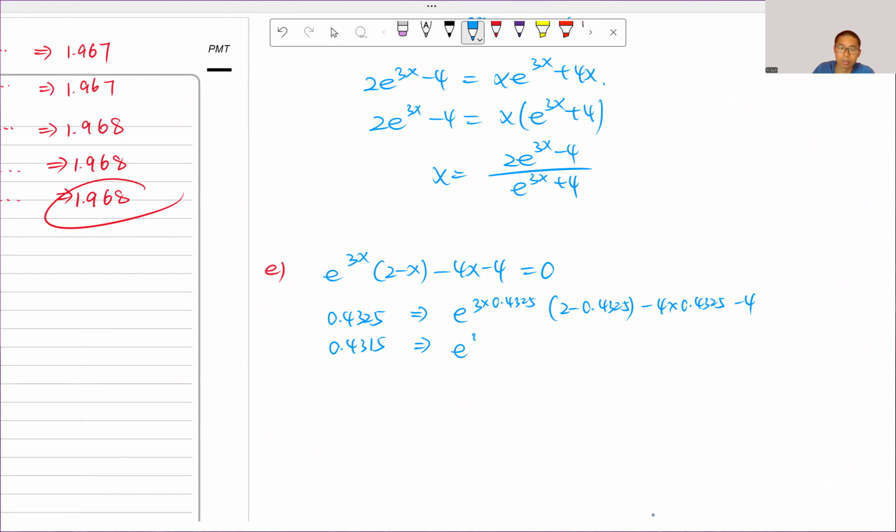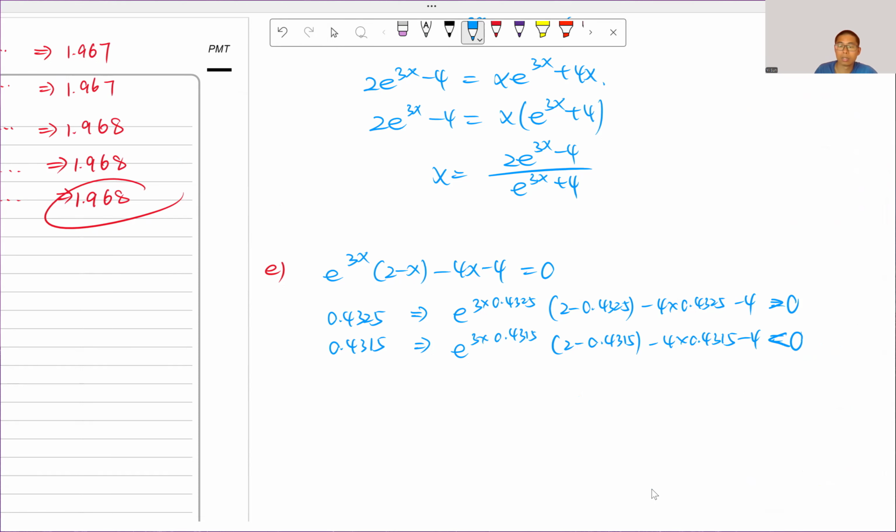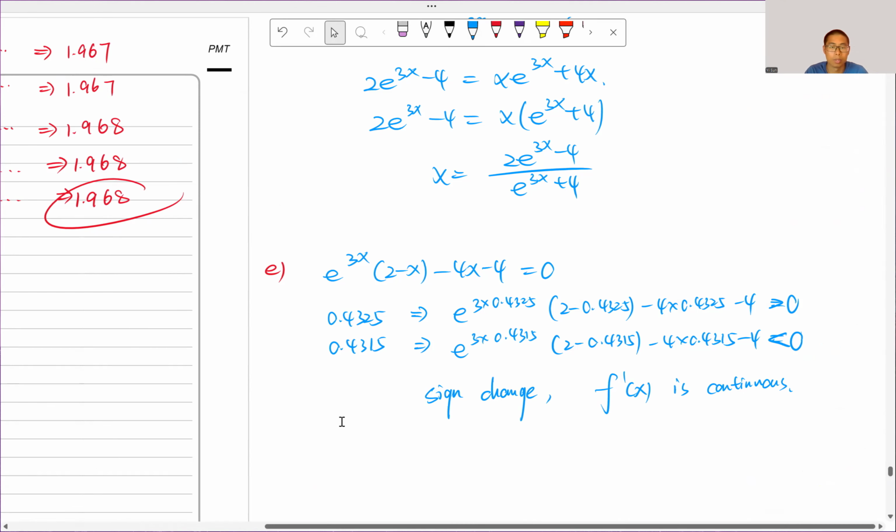And then the second one will be e to the power 3 times 0.4315, 2 minus 0.4315, minus 4 times 0.4315, minus 4. So if we put that in the calculator, the first one should be more than 0, and the second one should be smaller than 0. Then all you have to say is there's a sign change, and also the derivative function is continuous. And then we can prove it's correct to 3 decimal places.